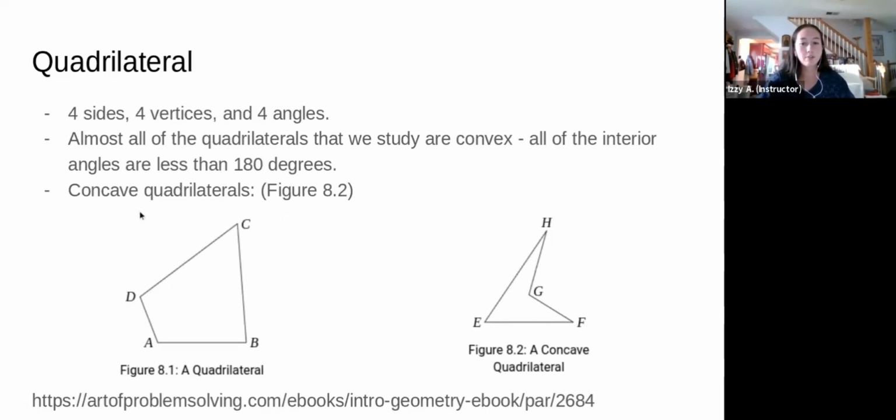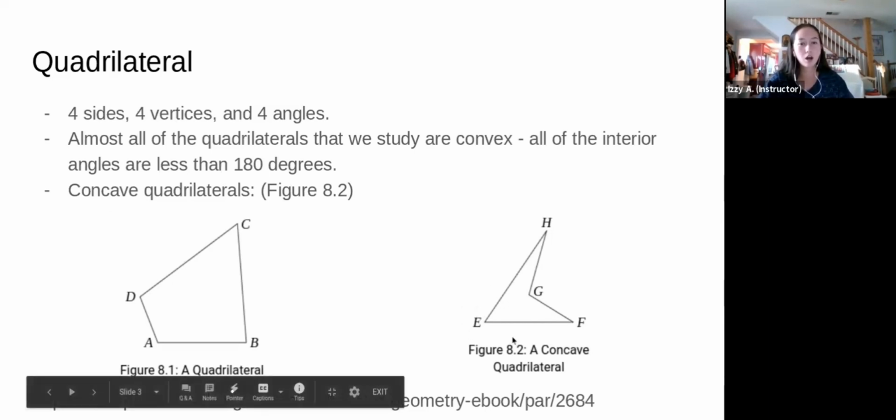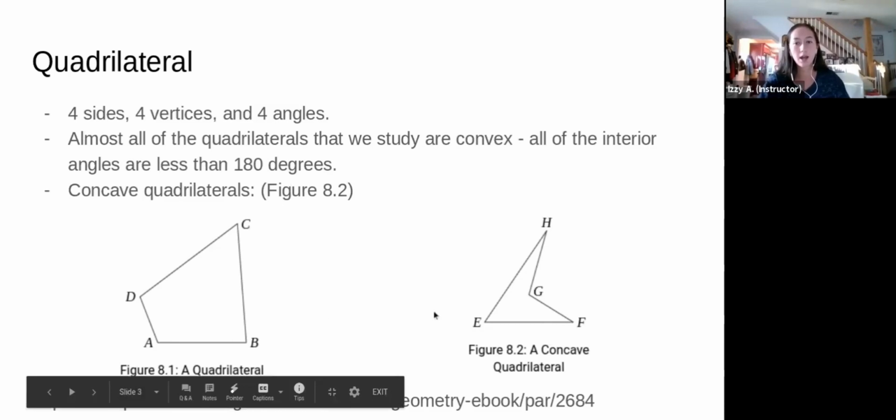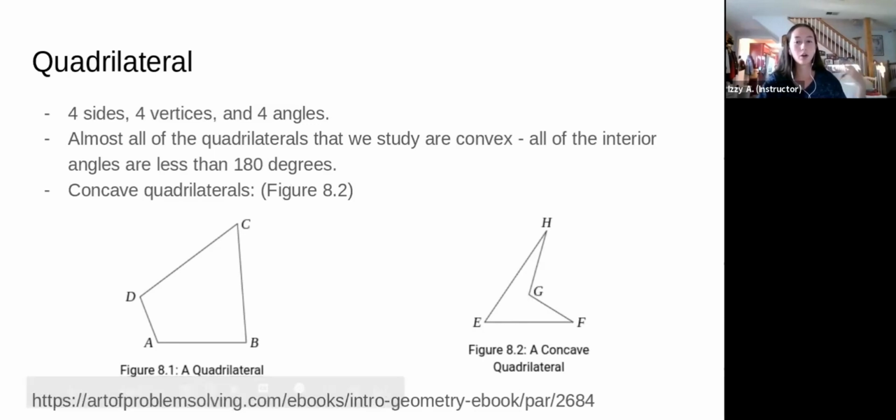And if we look at figure 8.2, this is a concave quadrilateral. It's like an exceptional quadrilateral where the format of the angles is a little bit different compared to a regular quadrilateral. If you look at the angles, not all of them are 90 degrees or greater.